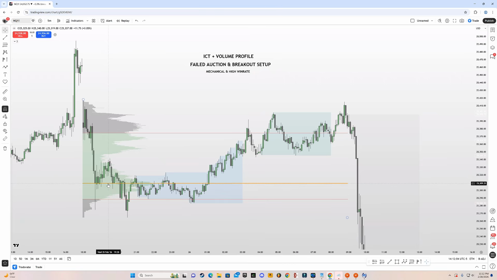The volume that is above the value area low and below the value area high is called balanced market. And 70% of the transactions happened within this box. Okay. So the 70% of volume is marked out by this green histogram.